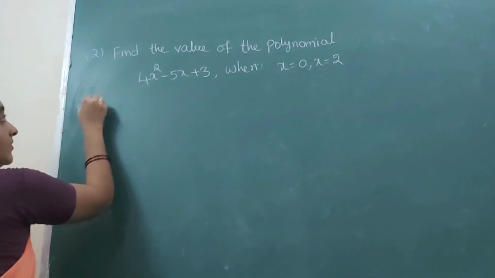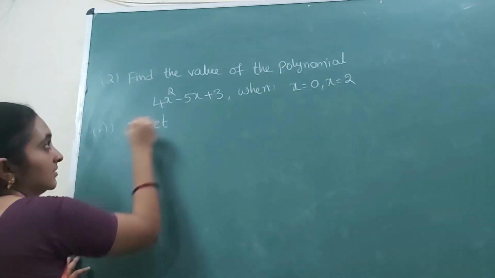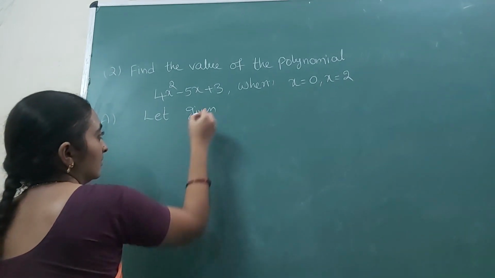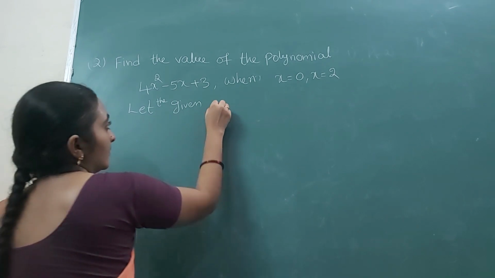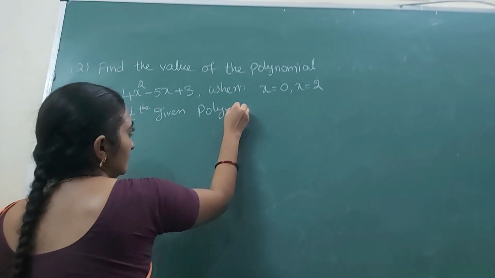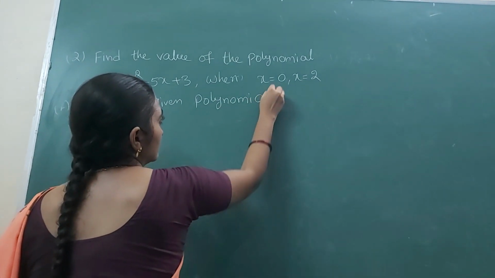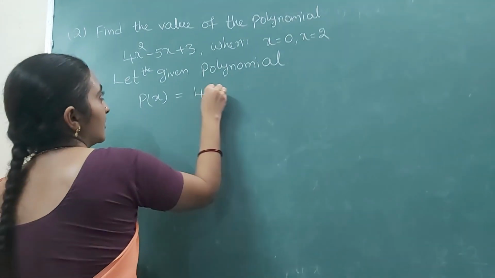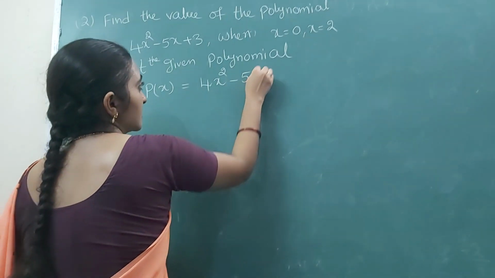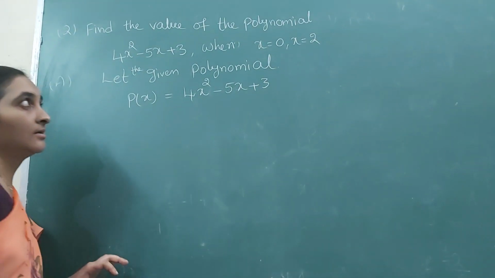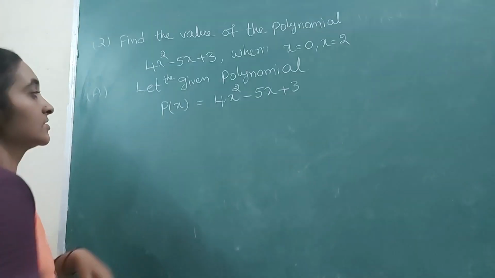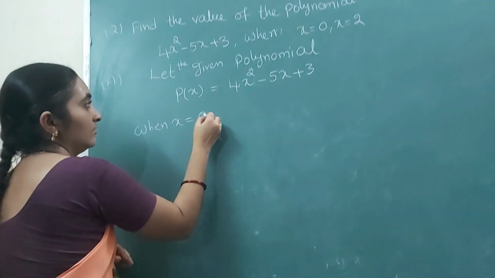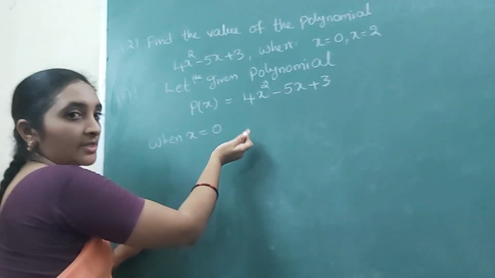First, let the given polynomial be p of x is equal to 4x square minus 5x plus 3. When x is equal to 0, that means replace x by 0.